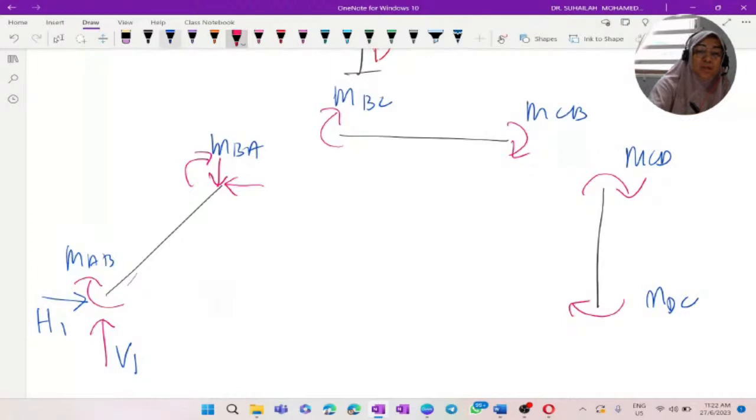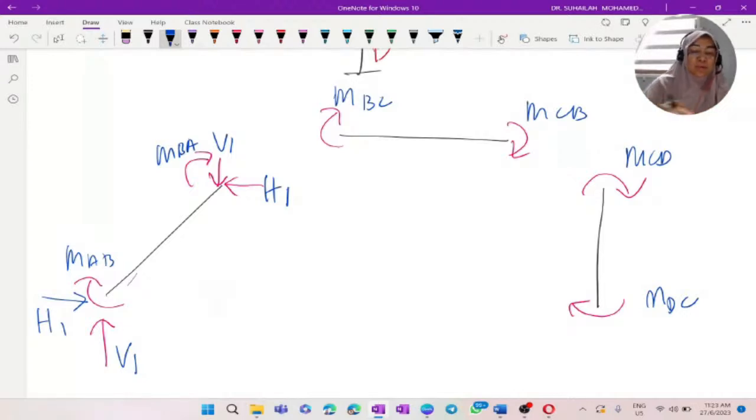So this is MBA, the vertical direction V1, and this is also H1, because the structure must be in equilibrium, for the whole structure and for each element.